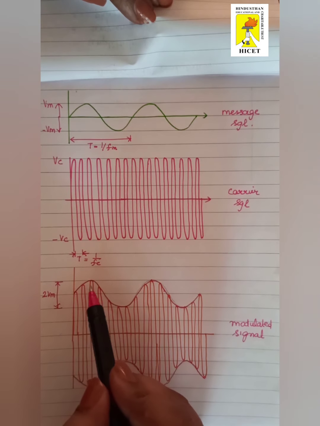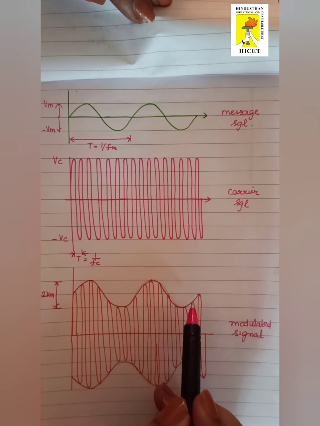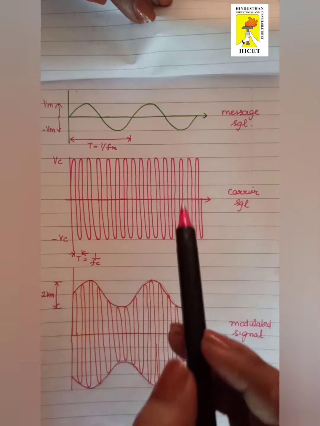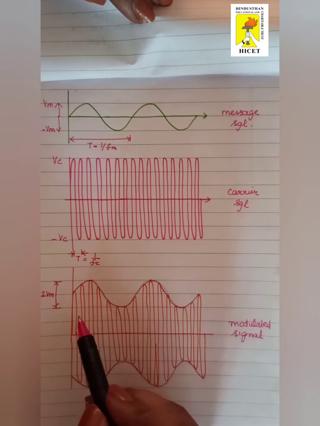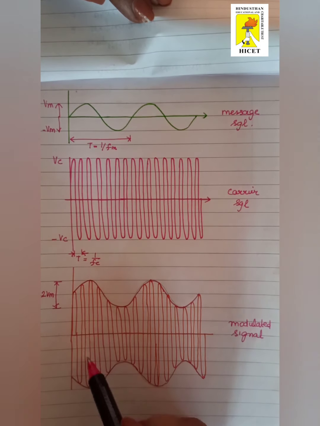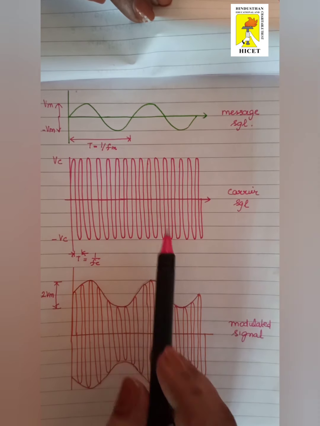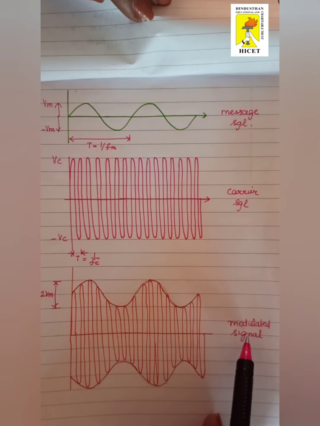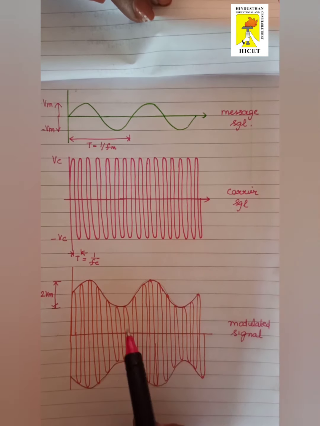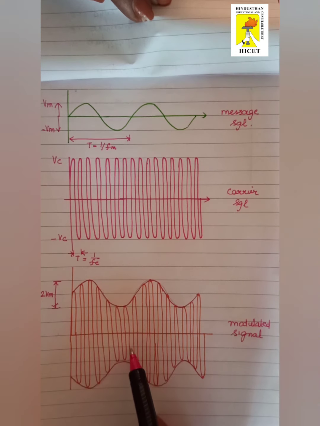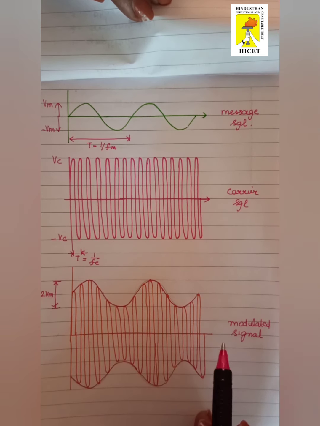So you can see the envelope of the modulated signal. The envelope of the modulated signal will be the same as that of the message signal, whereas inside, the modulated signal will have the frequency of the carrier signal. So we can say that the modulated signal will have an amplitude as that of the message signal, whereas its frequency will be equal to the frequency of the carrier signal.